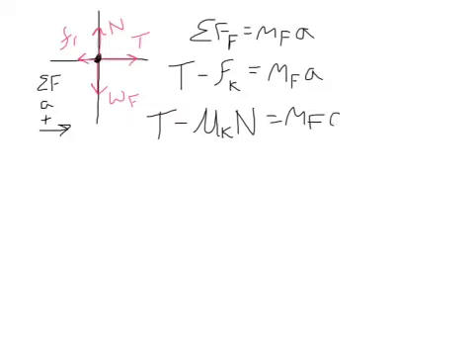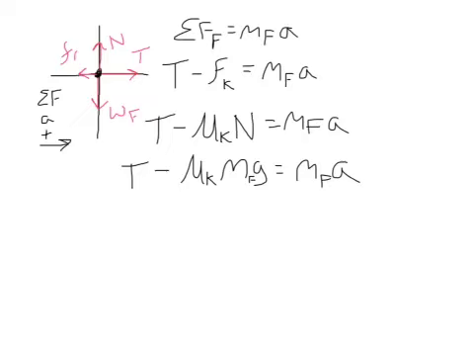T minus mu k N equals m a. Okay, and our normal force, because we're on a flat surface, will be equal to our weight, which is the mass of the furniture times g. So at this point is as far as we can go with the furniture.